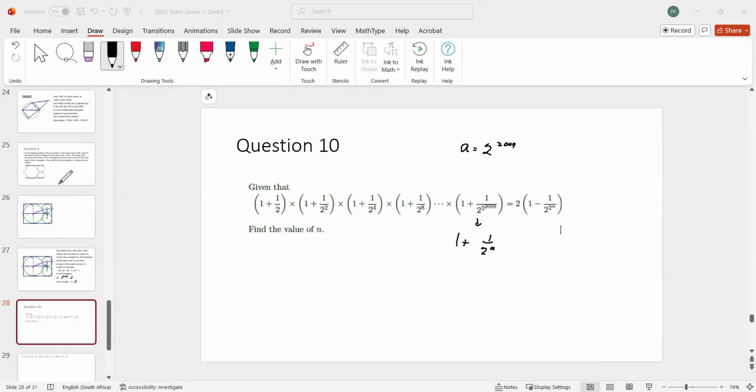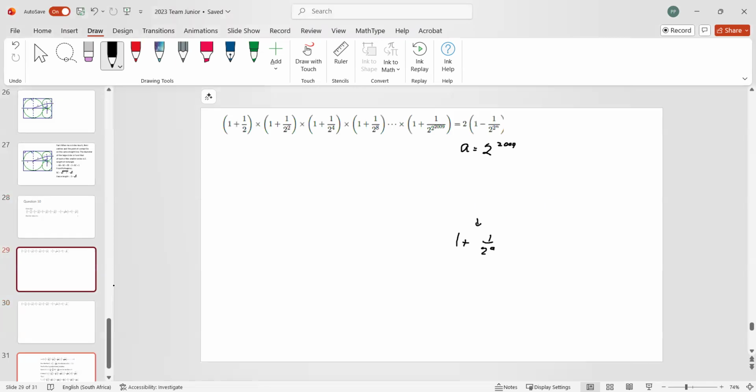Okay, let me go to a new slide because I want to calculate this thing. Okay, so you need to calculate the left side and write it in this form. And the question is, what is this index n here?